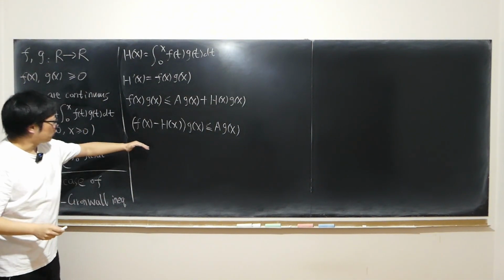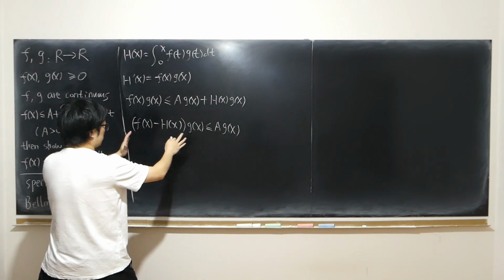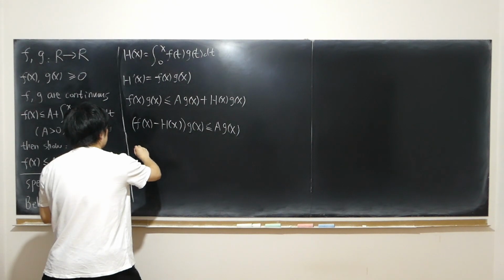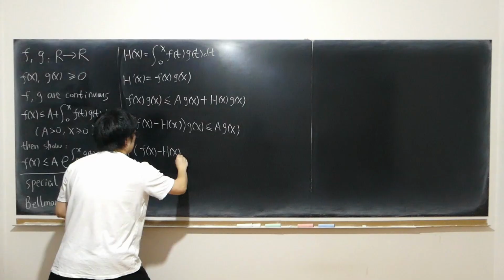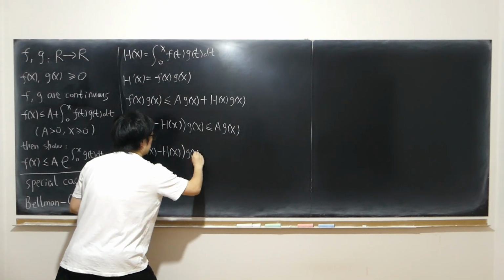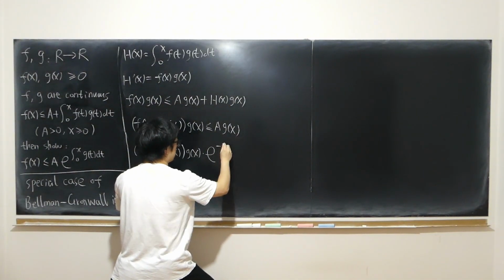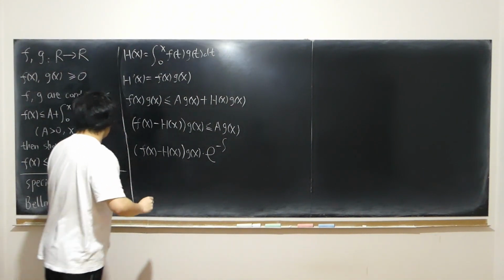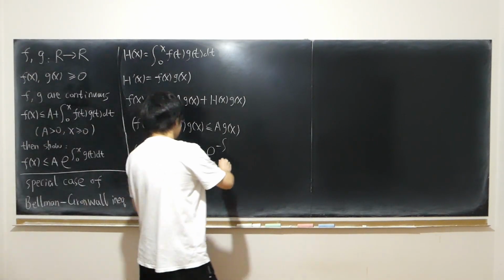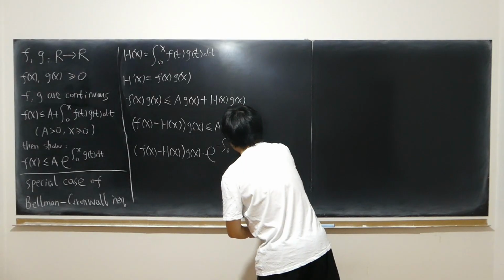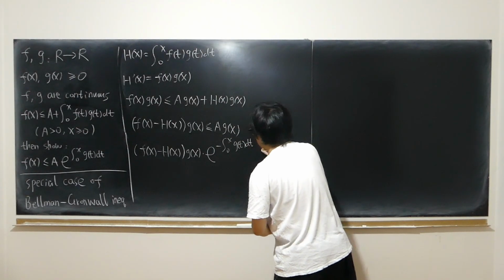And now I just multiply both sides by e to the negative integral from 0 to x, g of t dt.